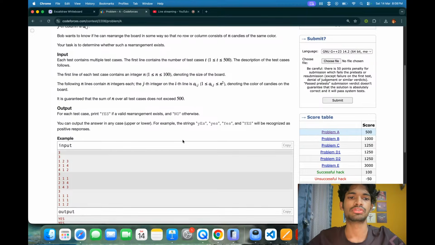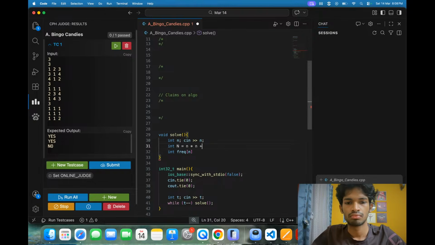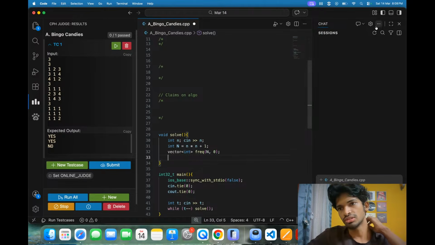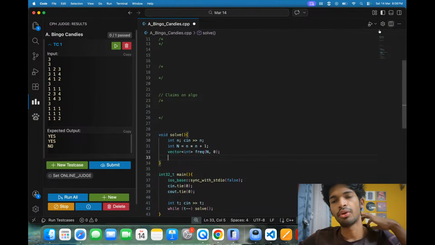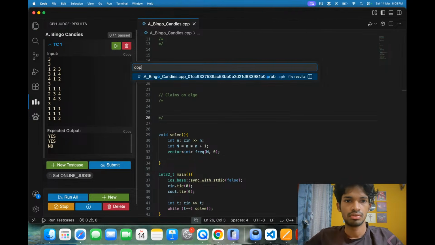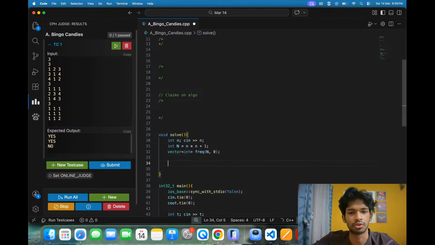Values are less than or equal to n square. So you can just have a vector, we can make it of size zero. I should have turned on this Copilot somehow. Now I don't know how to turn on Copilot. It's fine. I have written all the contests without Copilot, right?